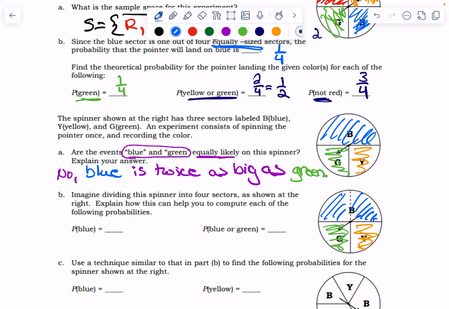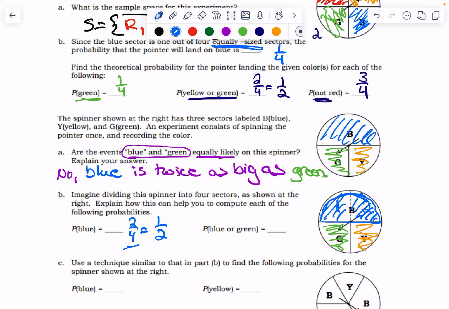Well, this helps us see that there's 2 blues that are the same size as the green and yellow. So this would be 2 out of 4, which is 1/2. I mean, we can see that this is 1/2 of the circle. But again, if it's not this clear, it helps us that since they are the same, we can count how many of them there are.